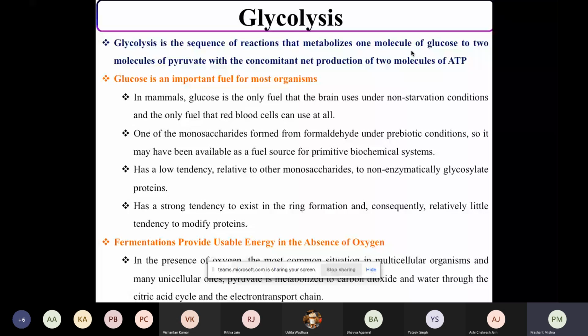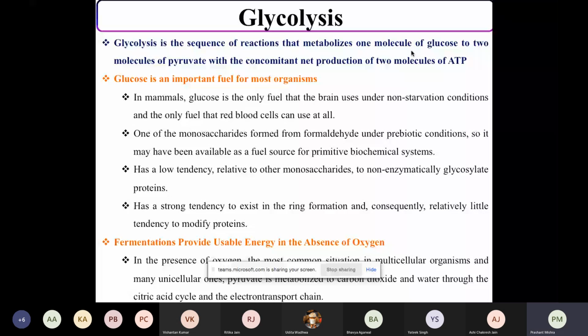Otherwise, when oxygen is present, pyruvate is further converted, finally into carbon dioxide and water. That is a complete degradation of the glucose molecule into its final products. The final product of glycolysis is pyruvate, but pyruvate can undergo further oxidation, which you will learn when we talk about the citric acid cycle or TCA cycle.